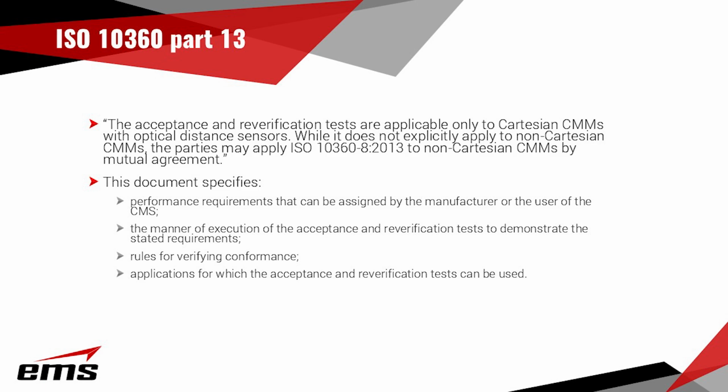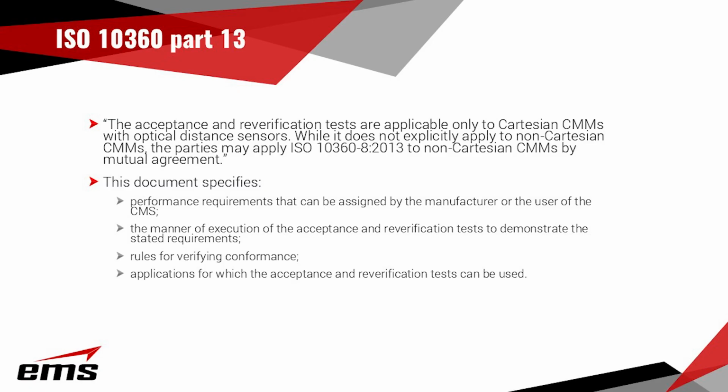So to take this a little further, there's a statement in ISO 10360 part 13 that the acceptance and re-verification tests are applicable only to Cartesian, that means XYZ, CMMs, so that's like a table-based, traditional CMM, with optical distance sensors. While it does not explicitly apply to non-Cartesian CMMs, that would be a tracker, a handheld scanner, an articulating arm, the parties may apply ISO 10360, and 2013 is the latest update to that standard, to non-Cartesian CMMs by mutual agreement.